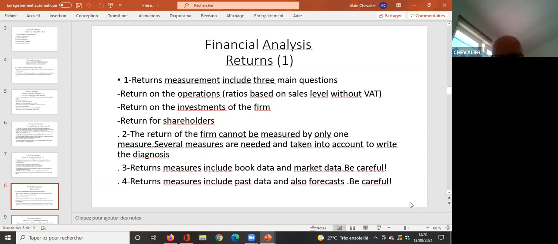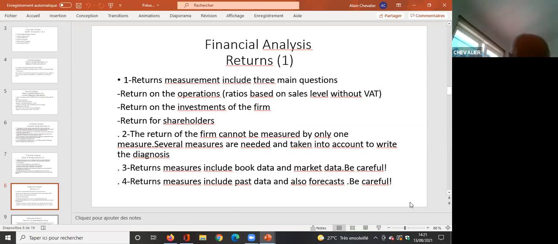Third point here, returns measures include book data and market data. Be very careful. You can use both of them, but when you make a calculation, you have to be very careful to the homogeneity of calculation. It means if you divide A by B, you can use A book value, but B should be book value.